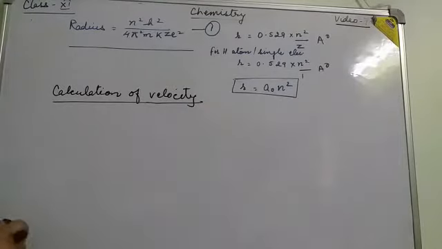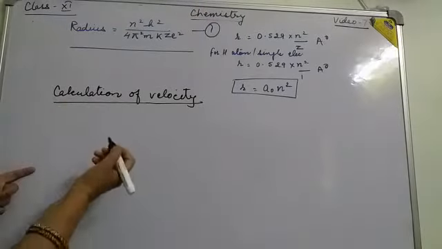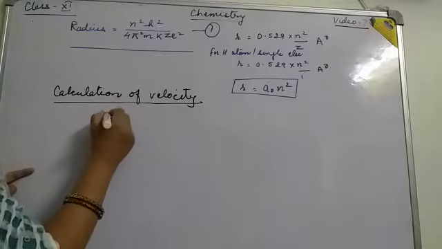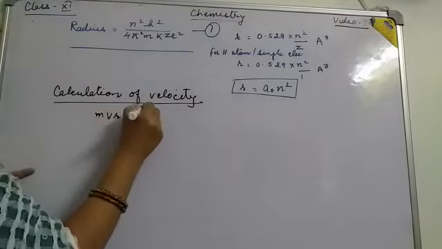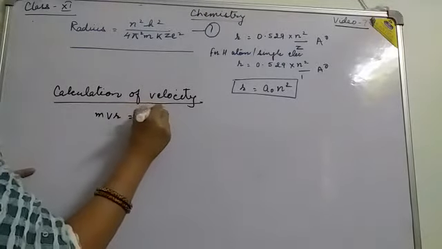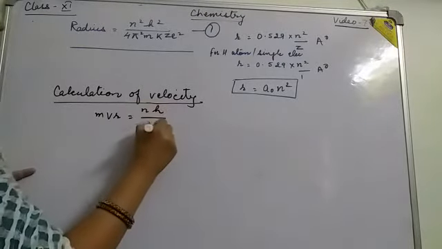Now today we are going to calculate the velocity, time period and energy. For calculation of velocity, we have the equation mvr is equal to nh by 2 pi.